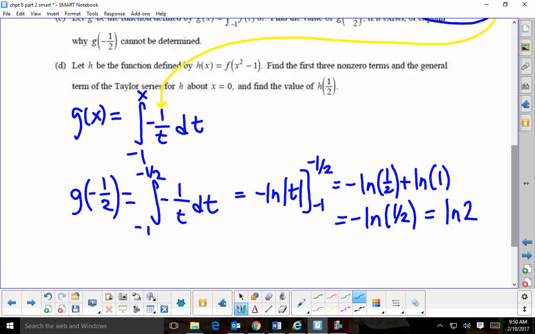Okay, so let's go to part D. Let h be the function defined by h of x equals f of x squared minus 1. Pause. Can you all go write what h is now? This is a very basic function composition.